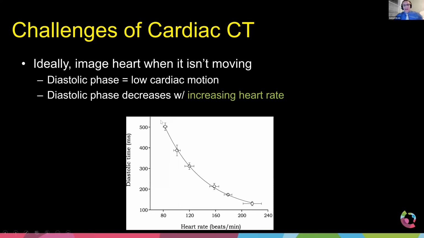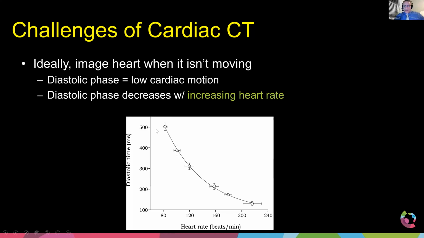And so people have gone out and they've measured this. Depending on your heart rate, how fast your heart's beating along the x-axis right here, tells you how long the heart will be in a diastolic phase. So for low normal resting heart rates, maybe the 70 and 80 range, you're spending about a half a second in diastolic phase.